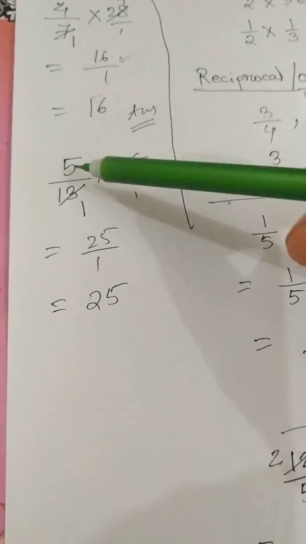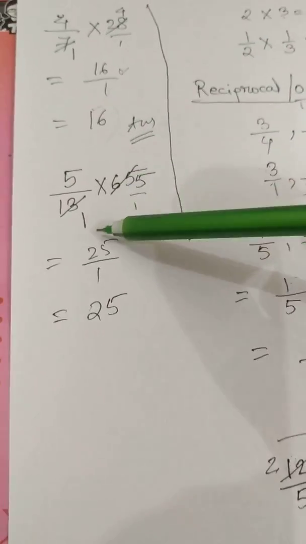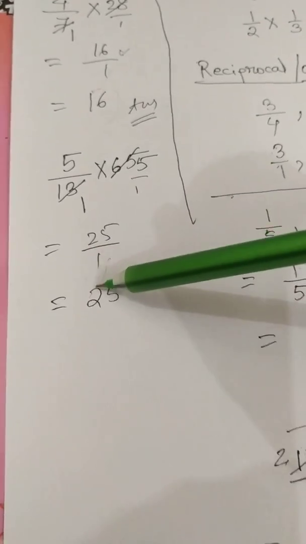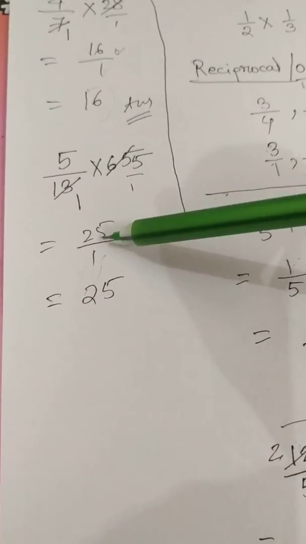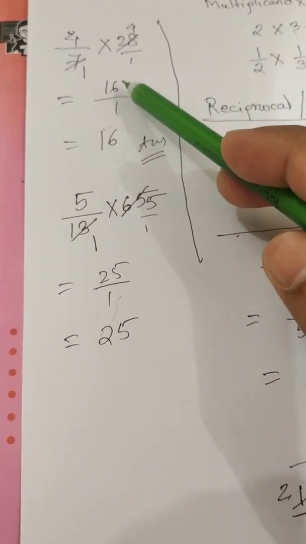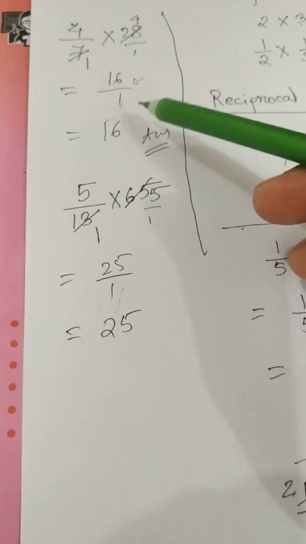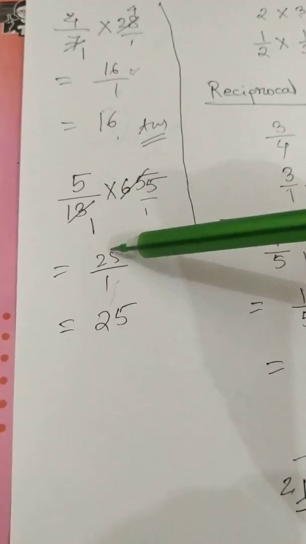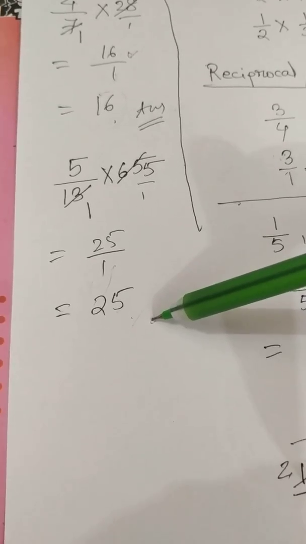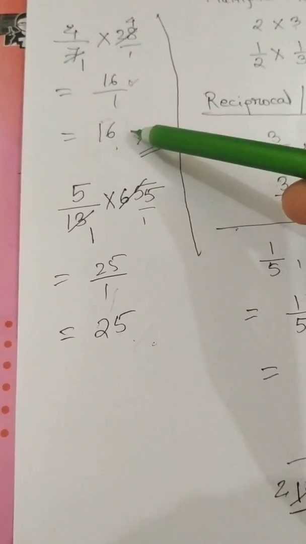Same in this case as well, we don't put the 1. Once we get the answer with 1 as a denominator, we don't put the 1 anymore, it just says 25. Normally also, 16 divided by 1 is what? 16. Again 25 divided by 1 is what? 25. So we can just write 25 also. We can also write 16.